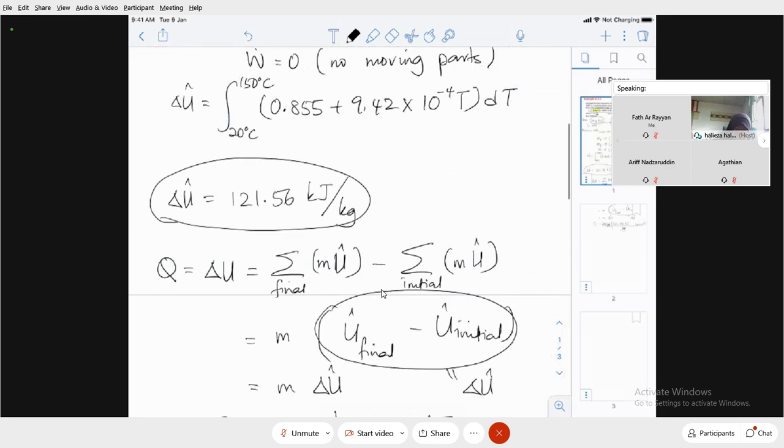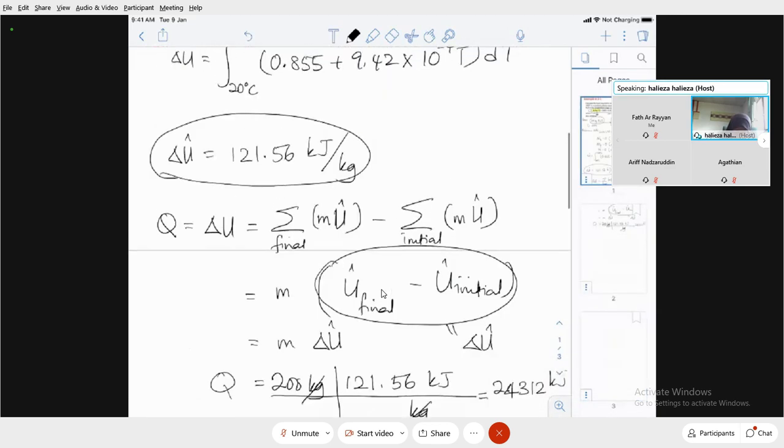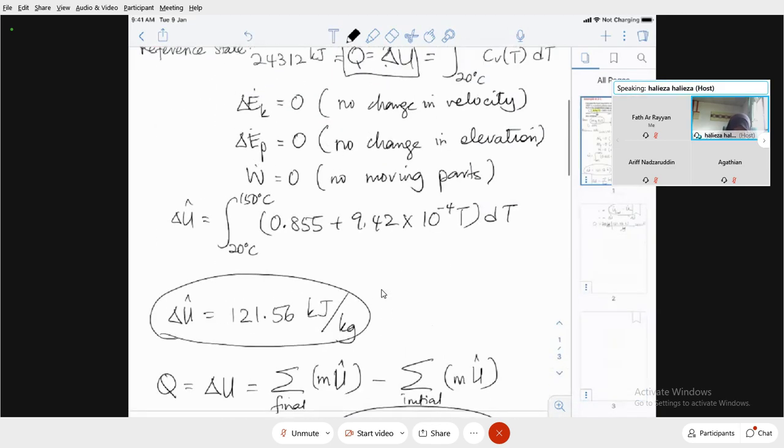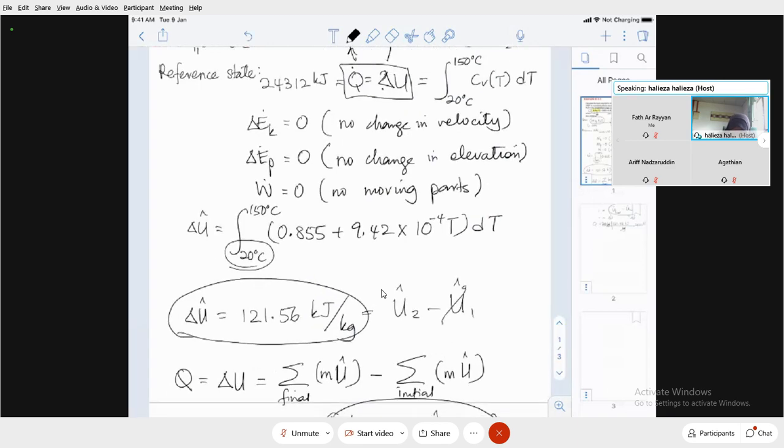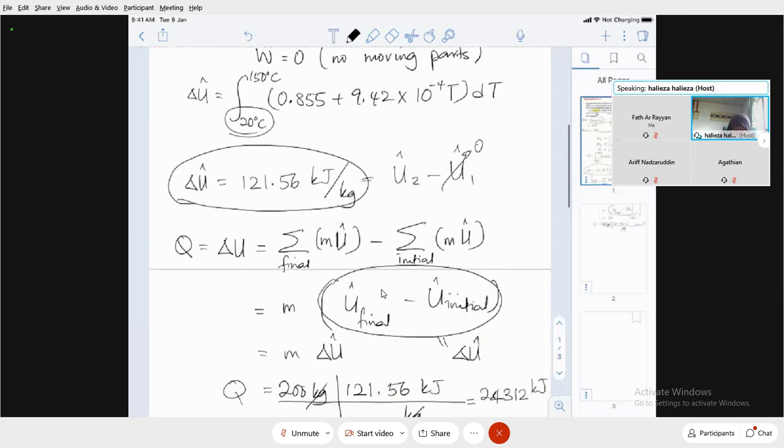When you do this, this is equal to U2 minus U1, right? Change in delta U. So if you assume that U1 is equal to 0, that becomes U2, isn't it? So what is your reference state?